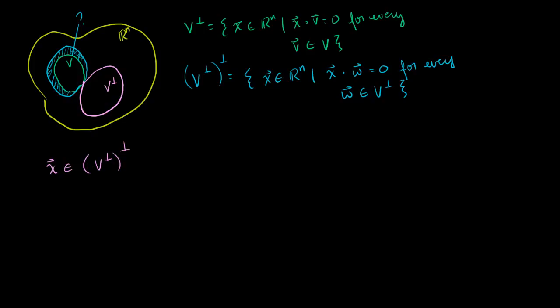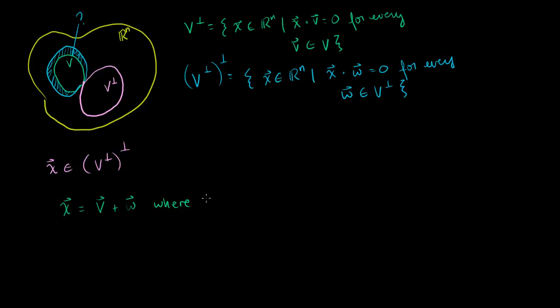So we know that x can be represented as a sum of two vectors, one that's in V and one that's in the orthogonal complement of V. So let's call v the vector that's in V, and let's call w the vector that's in the orthogonal complement of V. Let me write it like this.